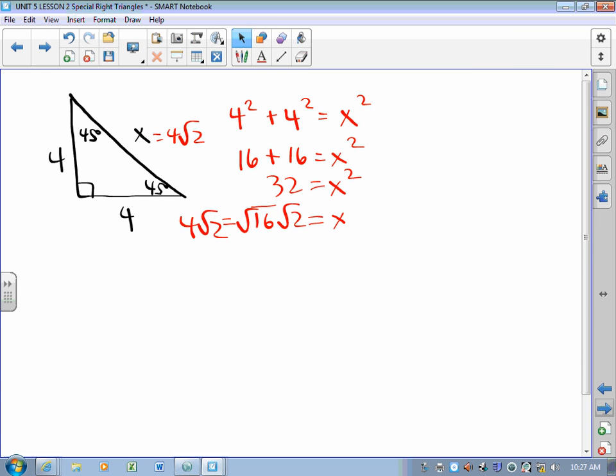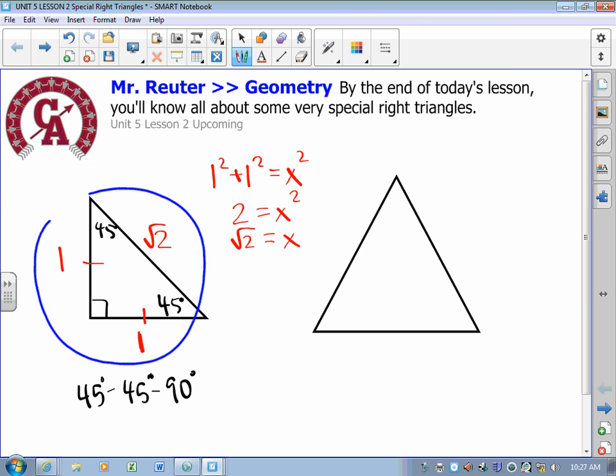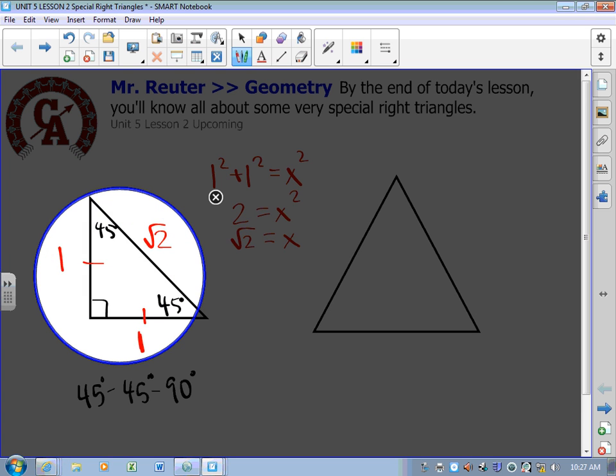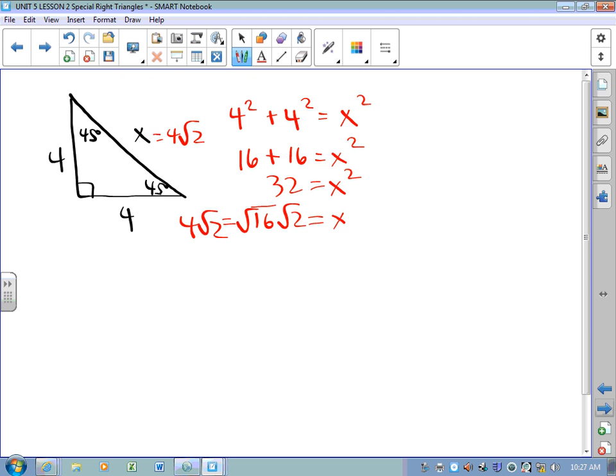And I start asking myself, maybe there's a pattern. Maybe 1 and radical 2, maybe that's just a set of ratios. Because this is 4 and 4 and 4 radical 2.